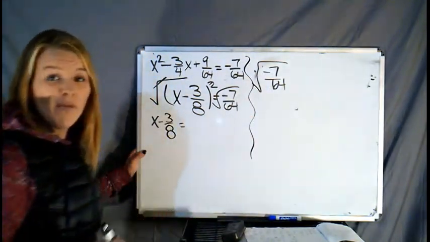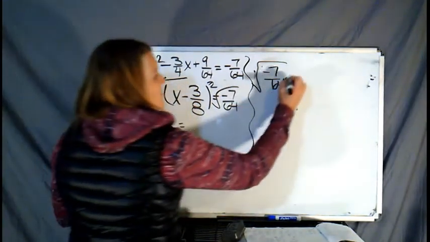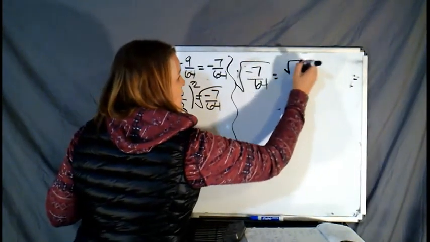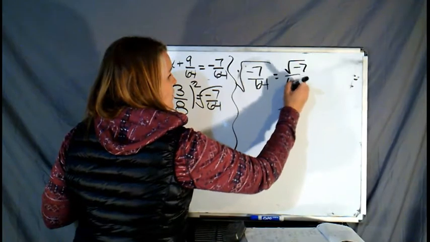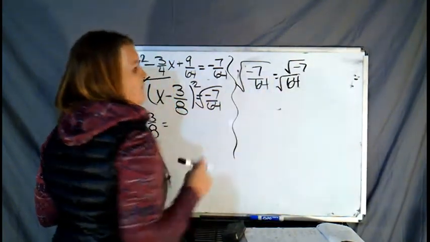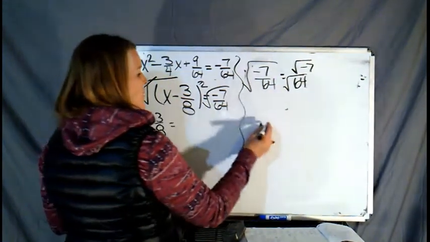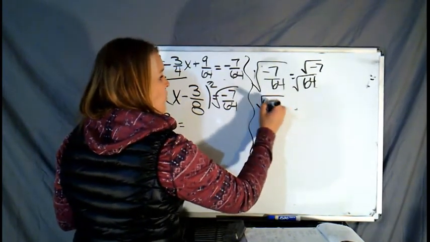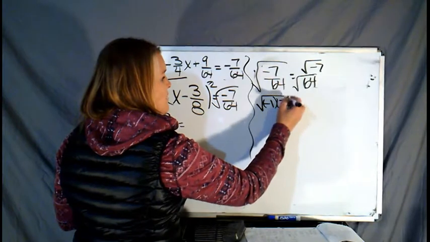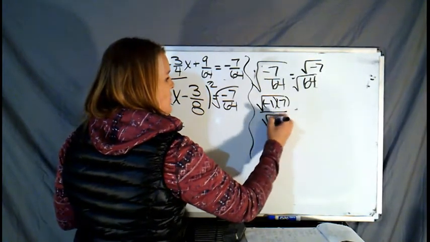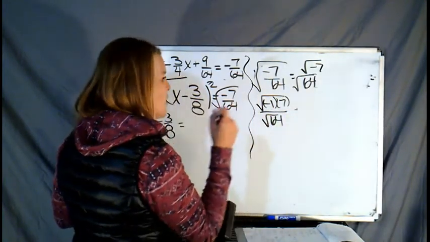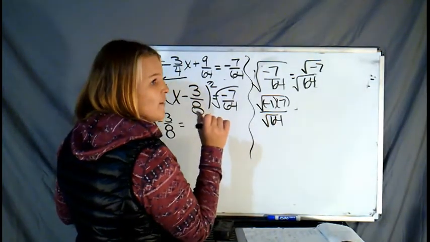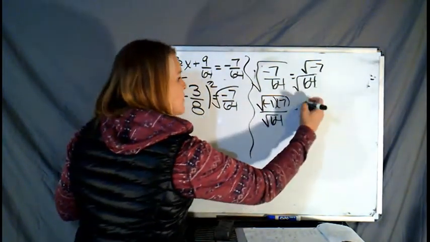Well, I can start by rewriting this as the square root of negative 7 over the square root of 64. And I know that the square root of negative 7 can be written as the square root of negative 1 times 7 over the square root of 64. I know that the square root of negative 1 is i.